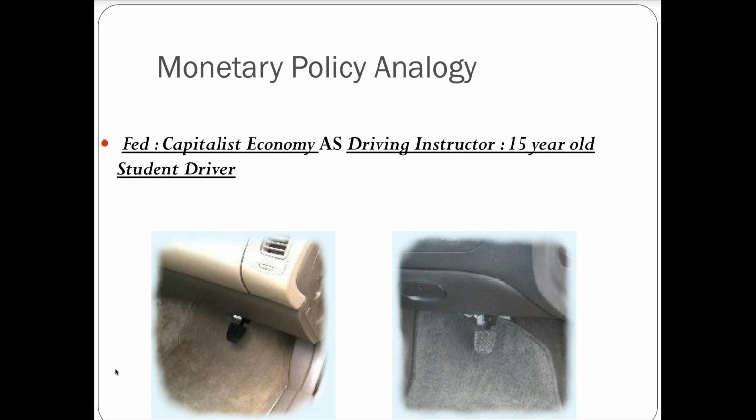And so the Federal Reserve kind of does the same thing. The Federal Reserve can put the brakes on an economy when there's inflation. They can do that by raising interest rates, and then they can let the economy move again and push the economy forward when there is unemployment. They can do this by lowering interest rates, and that would encourage investment, and that would also encourage consumption.